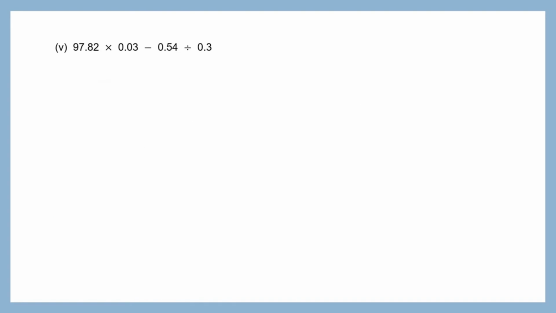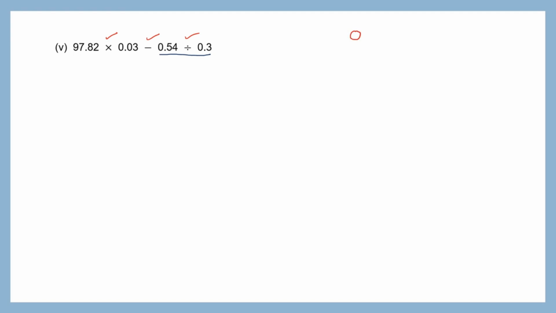Question 5. So here we have multiplication, subtraction and division. So according to BODMAS, we need to do division first. So let's do this division. 0.54 divided by 0.3. When the divisor is a decimal number like 0.3, we have to first make it a fraction.